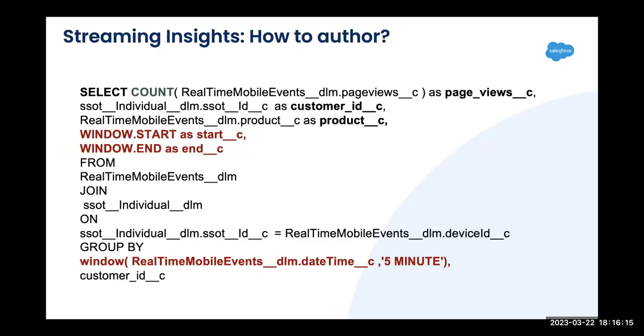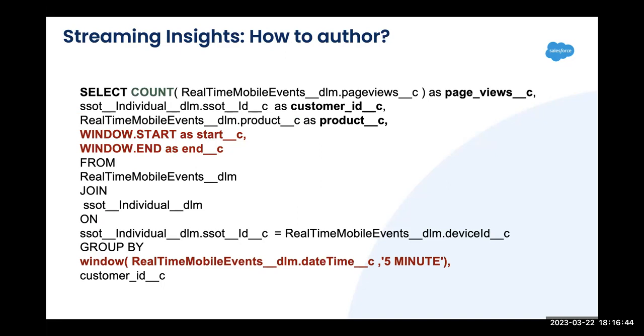Look at how streaming insights is made more significant through an SQL query. Look at the count of real-time mobile events. You see the RTLM data model table: how many page views. As I said, you have to do aggregations with your individual table, and then use the star-end functionality from the real-time mobile events, which joins and groups by your mobile event date times as well.